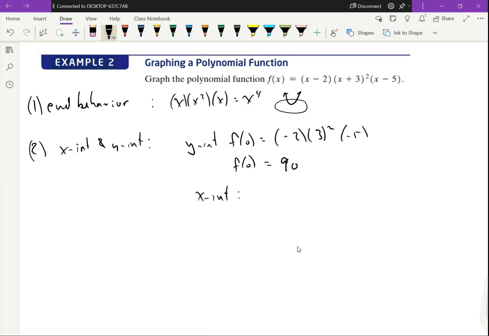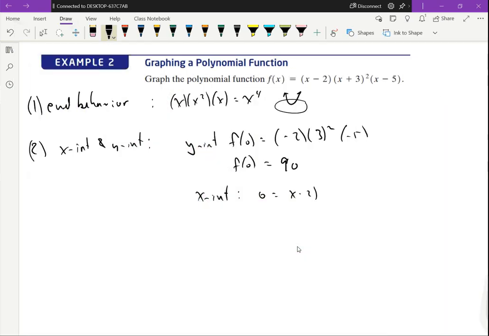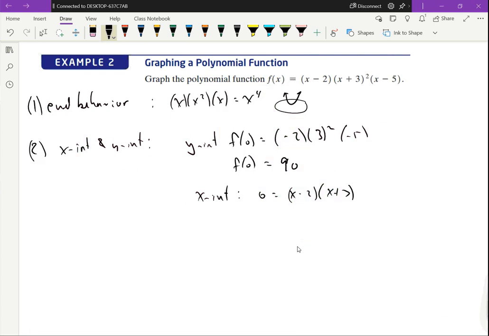For the x-intercepts, 0 is going to equal x minus 2 multiplied by the quantity x plus 3 squared, multiplied by x minus 5. Then by the zero product property, each of these factors has to be set equal to 0.